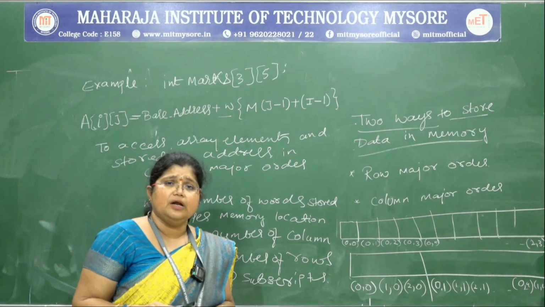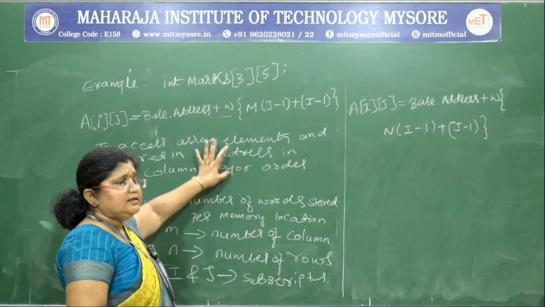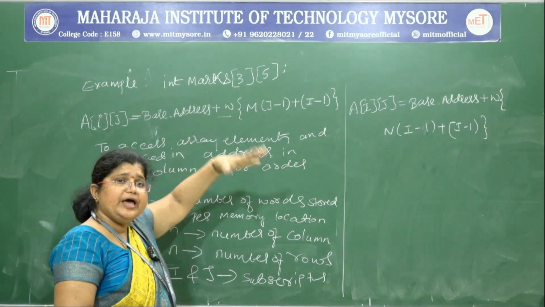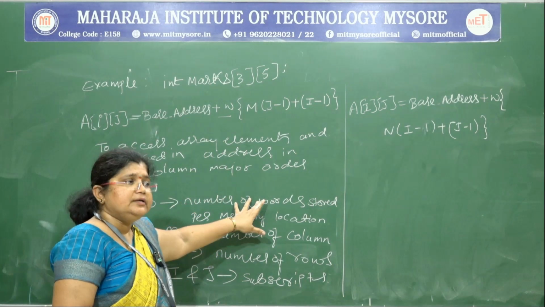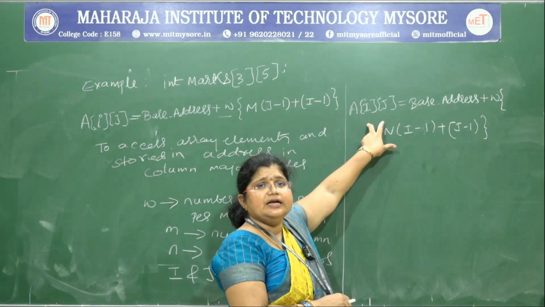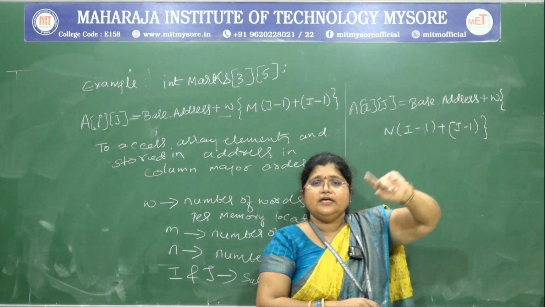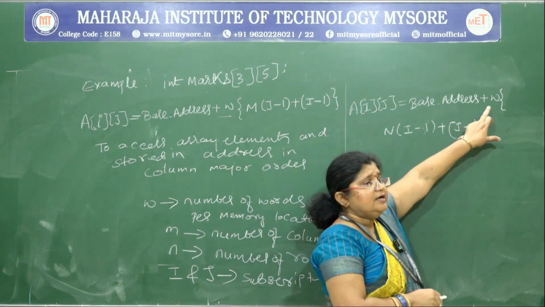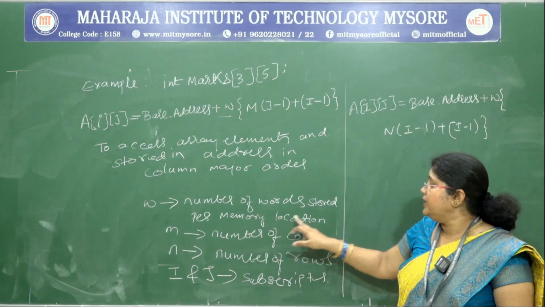Now let us look at the formula of row address order. In this formula, as we have seen here, this is the calculation of the address of a data element stored with respect to the column major order. That is, A of ij, where ij are the subscripts, is equal to the base address. The base address always indicates the starting address of a memory location, plus W. As you know, W is the number of words stored per memory location.